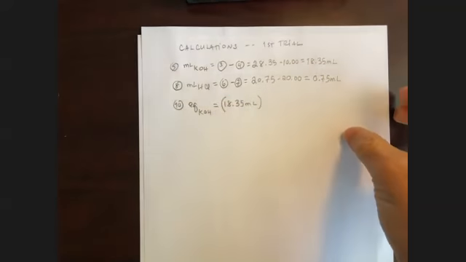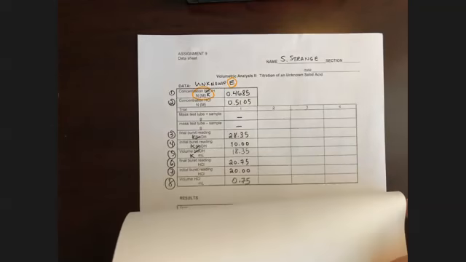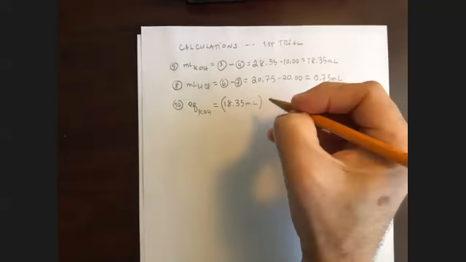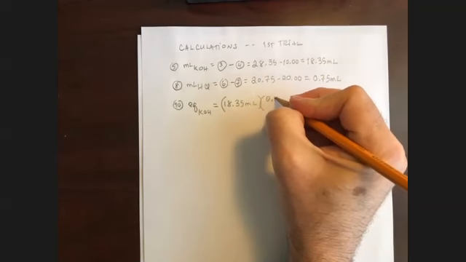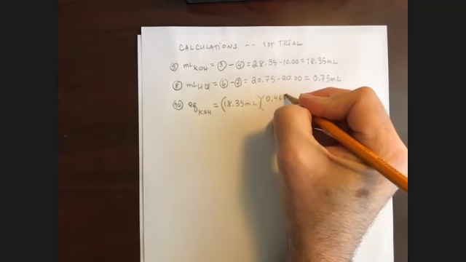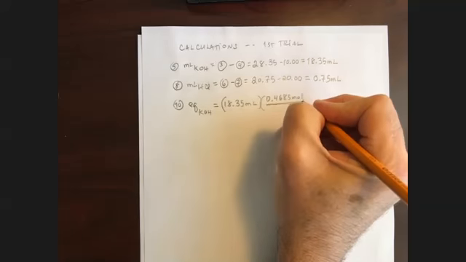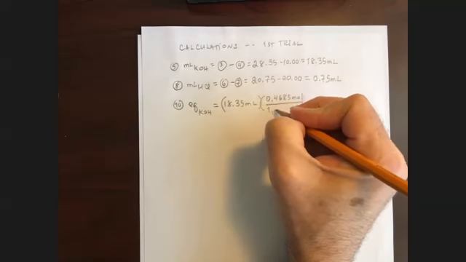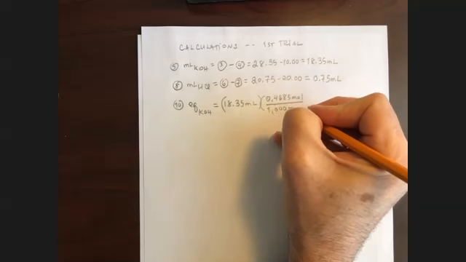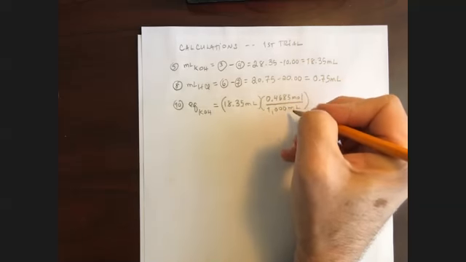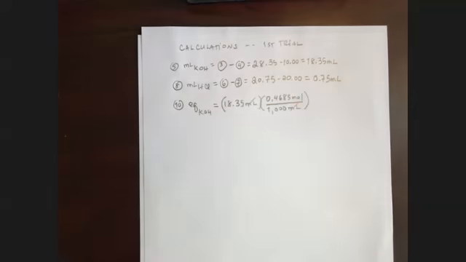And their solution of KOH had a molarity of 0.4685 moles per liter. But since I want to cancel milliliters, I'm going to convert the liter to 1,000 mLs, okay? And that way I can directly cancel out the volumes.